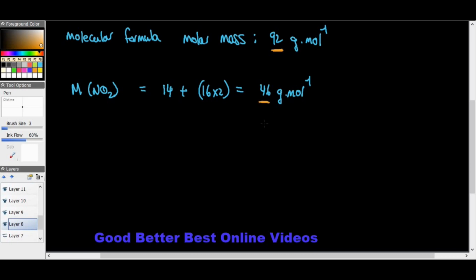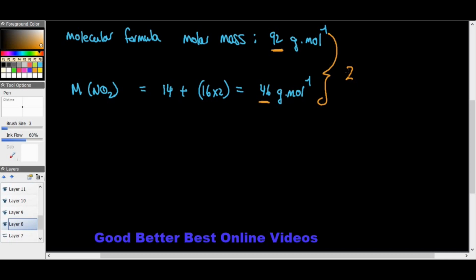If you do a quick calculation, 46 plus 46 must give me 92. Since the molecular formula's molar mass is double the empirical formula's, it's easy to find the factor, which is obviously 2.